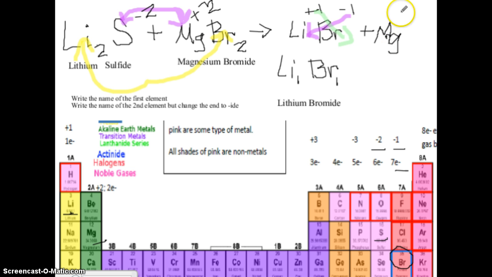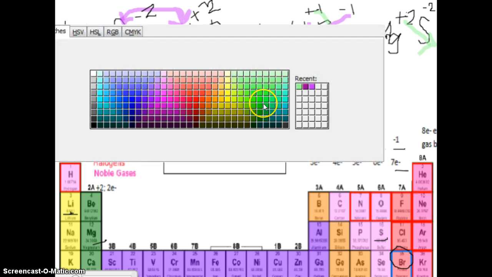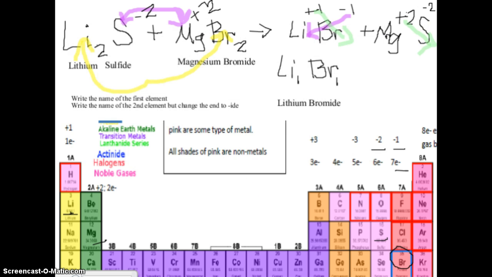So we'll go ahead and put our magnesium first, and then we'll go ahead and put our sulfur second. And we're going to do the same thing that we did with the other compound. We're going to do what looks like cross multiplying. I'm going to put that number down here, and we're going to put this number down here.